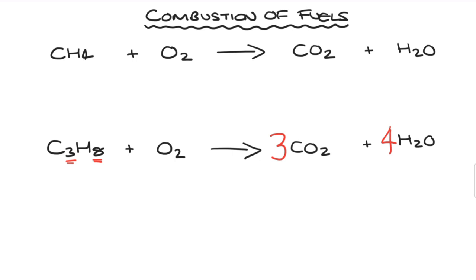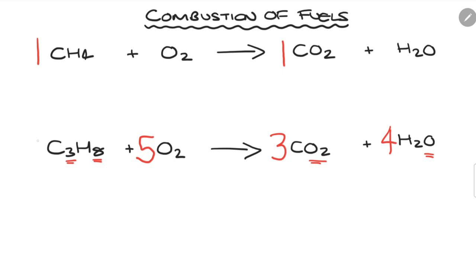This would then lead us to 6 atoms of oxygen here, with a corresponding 4 atoms of oxygen there. That would give a total of 10, meaning that we would have to have 5 lots of the diatomic oxygen to give us the 10, 5 times 2.